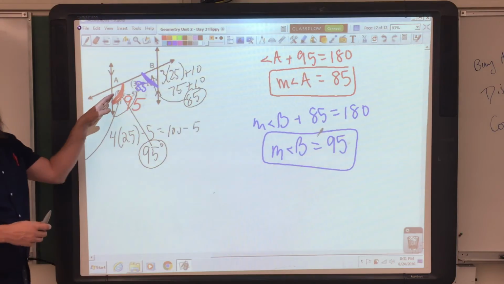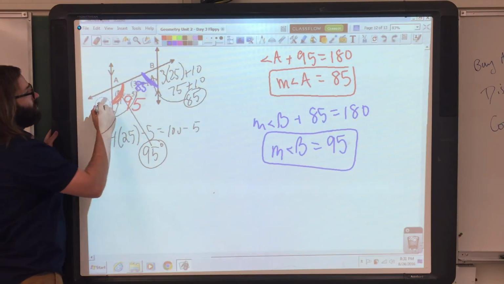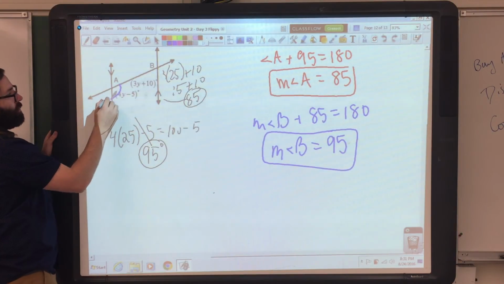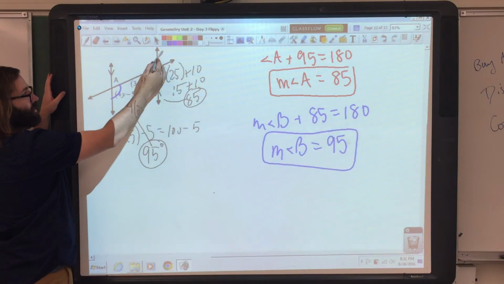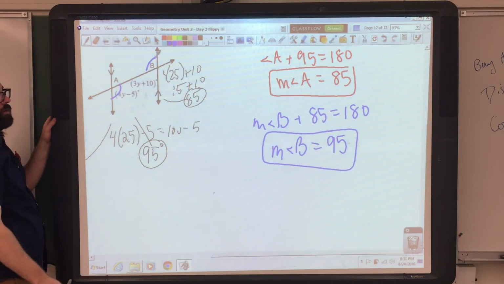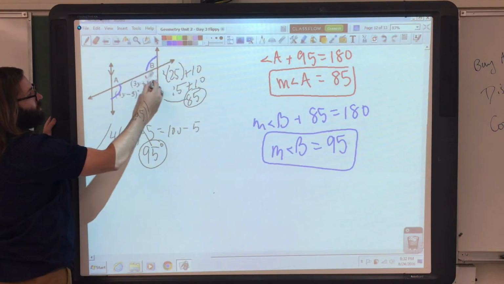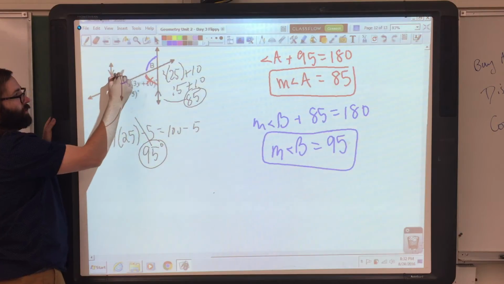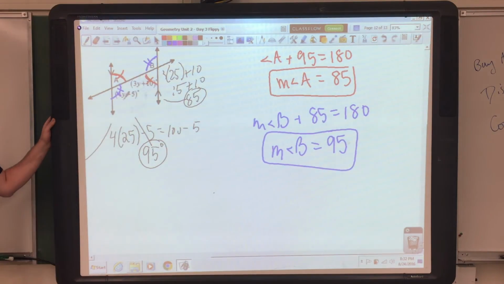Okay, if you don't want to do the supplementary way, you can recognize that this is alternate interior with this guy, and then this guy is alternate interior with this guy. So these are going to be congruent, and those are going to be congruent.